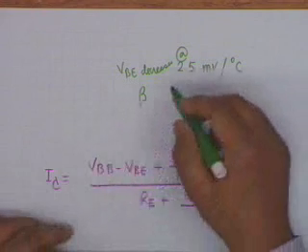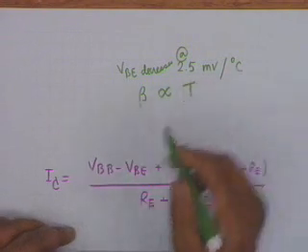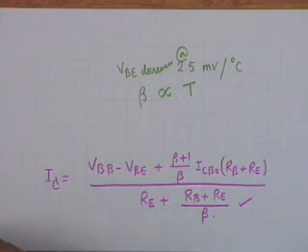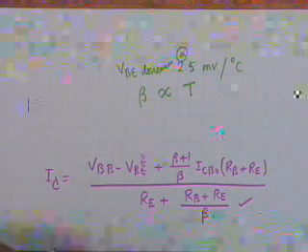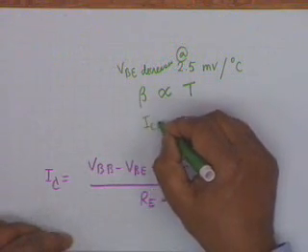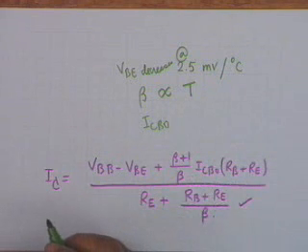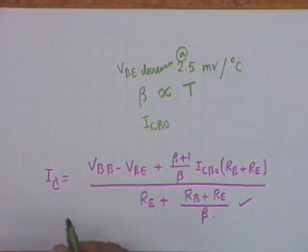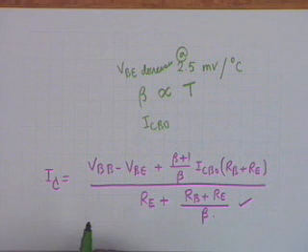Beta is proportional to temperature, almost linearly, and I sub CBO increases exponentially, it doubles for every 10 degrees centigrade rise of temperature.